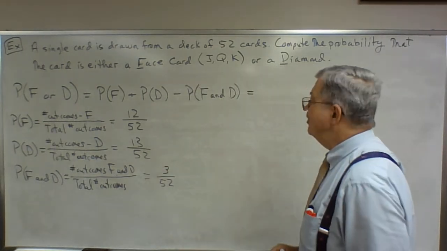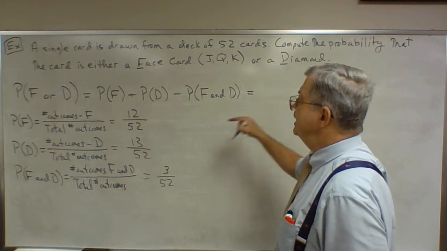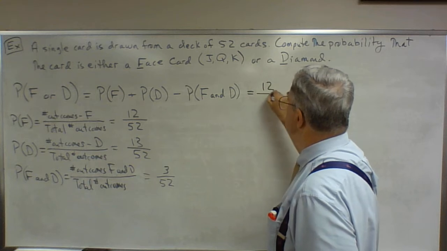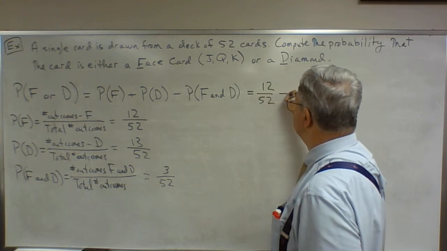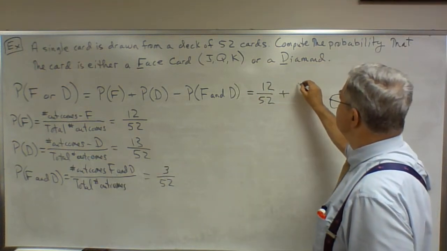Okay, I guess we have all the numbers. Probability of F, 12 over 52. Probability of a diamond, 13 over 52.